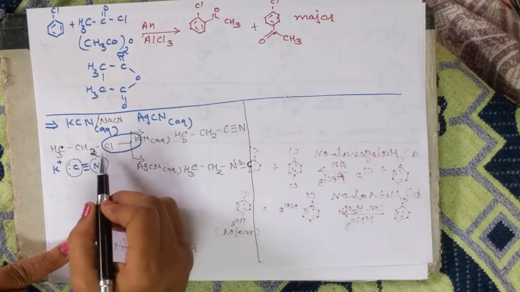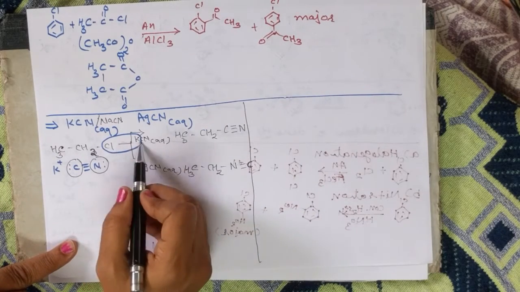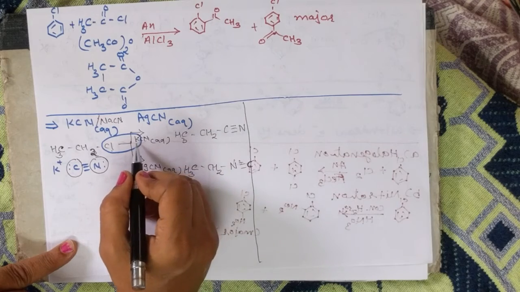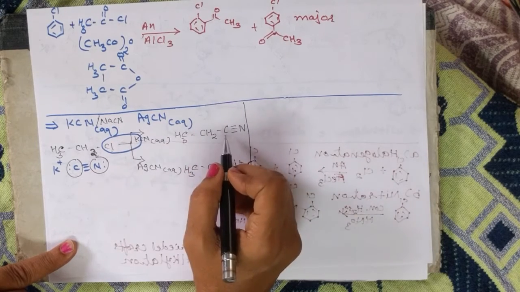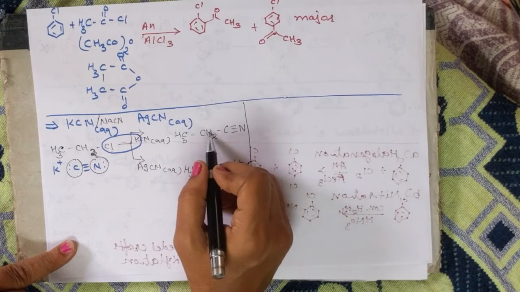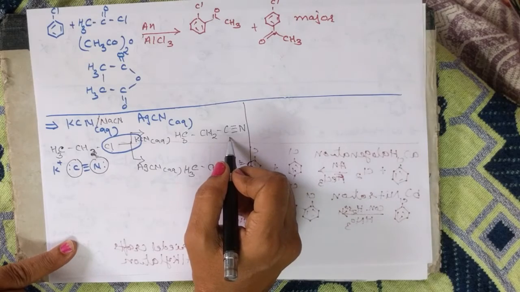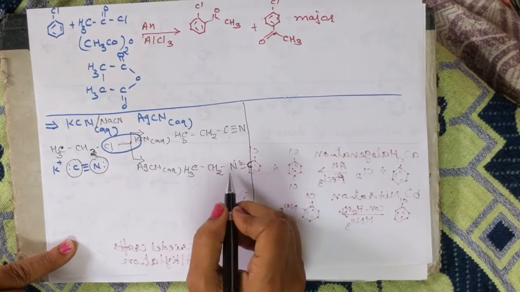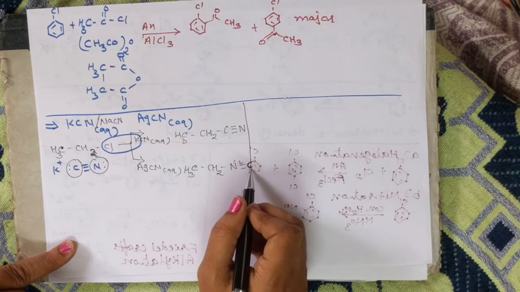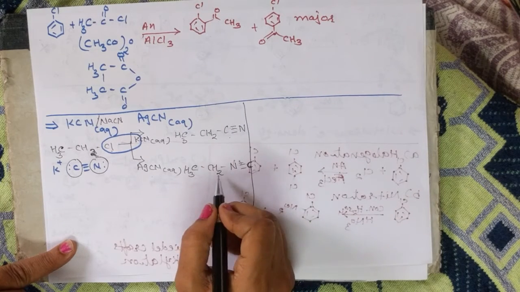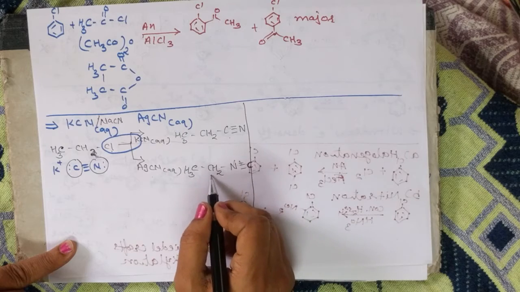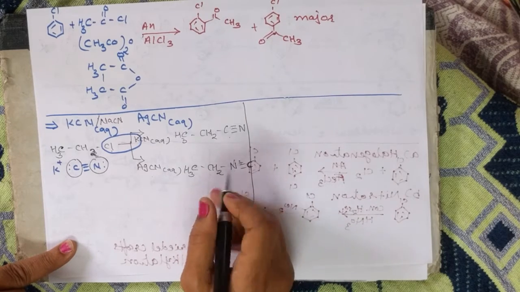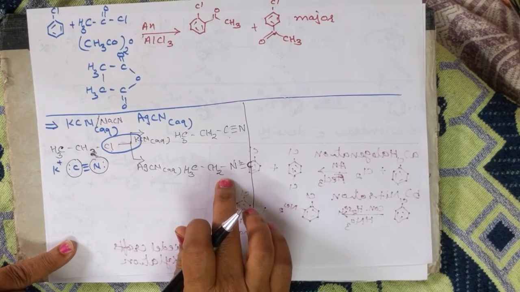So here it is completely ionized, so the K will be replaced and the C bond occurs. So here the product is cyanide, but for AgCN there is no possibility of the carbon bond. So here the nitrogen bond occurs, and that's why this product is known as isocyanide.